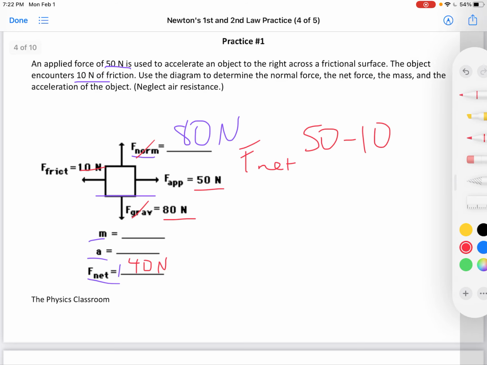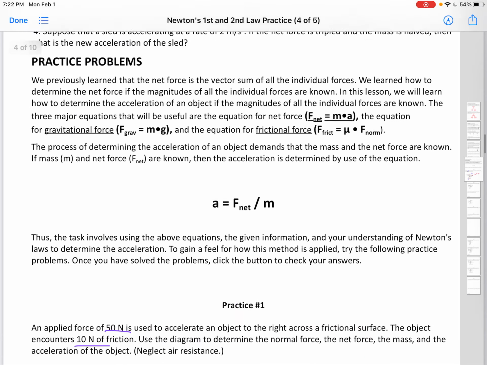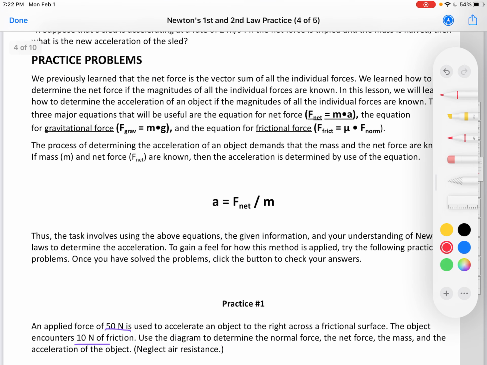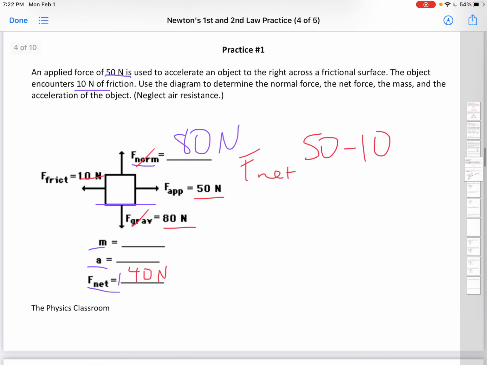Because if you look up here, the force of gravity has the acceleration of gravity, which we know, and mass. So since we have this and that, then we just need to plug our numbers in and we can find our mass.